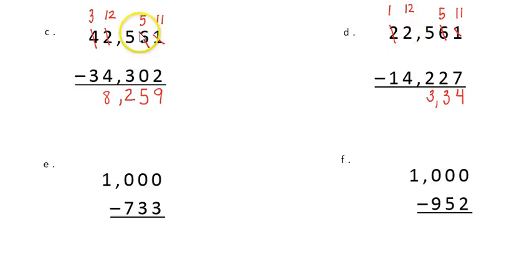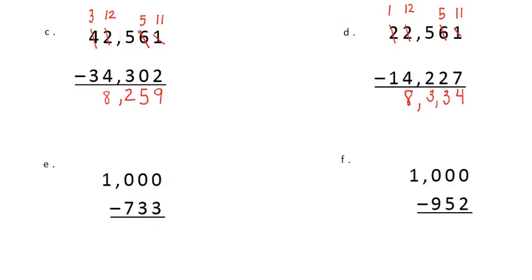I now have 12,000. 12,000 minus 4,000 is 8,000. 10,000 minus 10,000 is 0, so we'll just leave that empty. And the final answer here is 8,334.